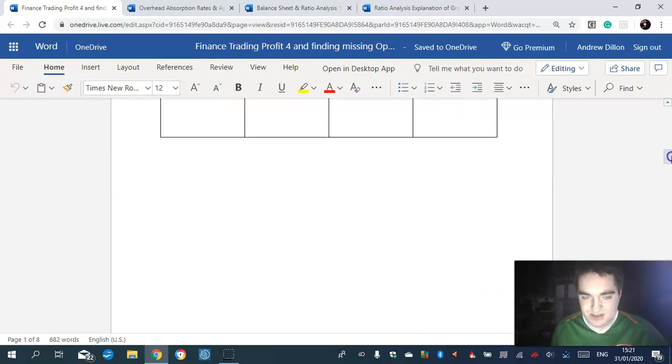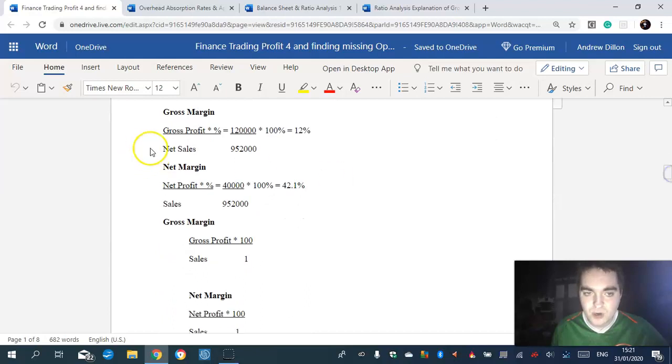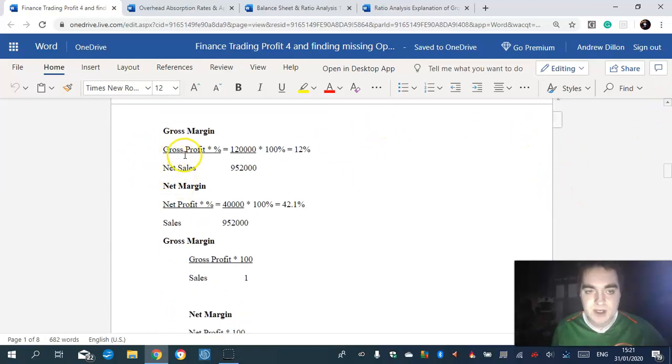Very good. Now I'm going to move on to show you what gross margins and net margins are when you are working in finance. This is the layout of both the margins. You start off with gross profit, multiply by the percentage, then you put an underline, then you multiply by the percentage and you get a percentage answer.